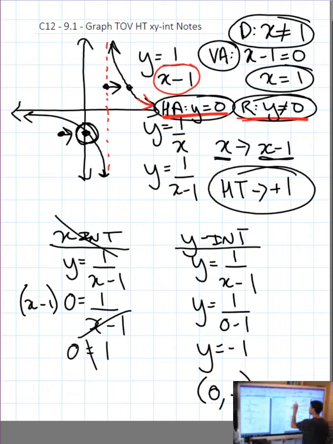As x gets close to 1 from the right side, y gets really big. As x gets close to 1 from the left-hand side, y gets really small. And when x gets really, really small, y gets really, really close to 0.